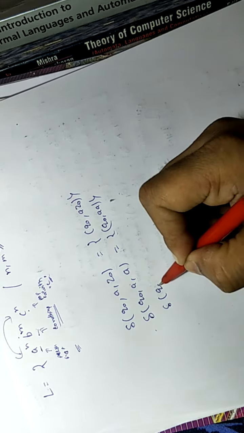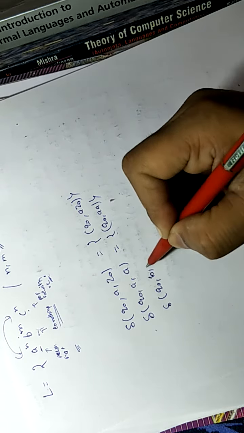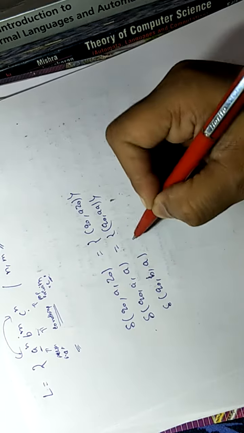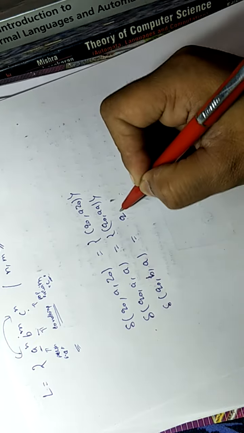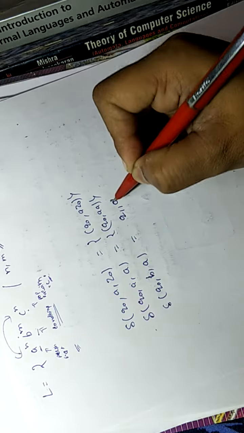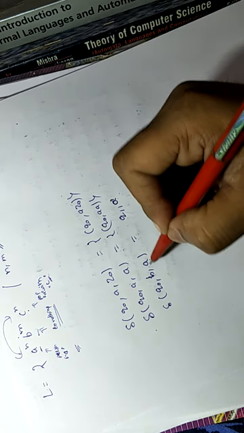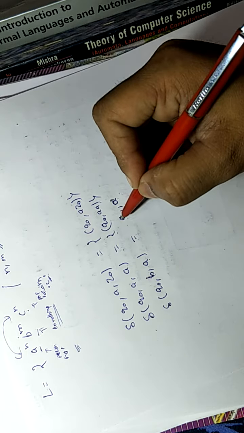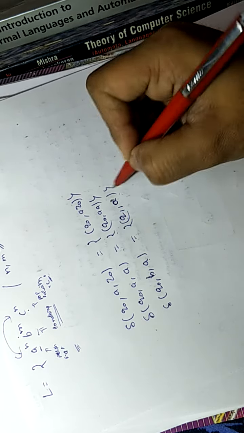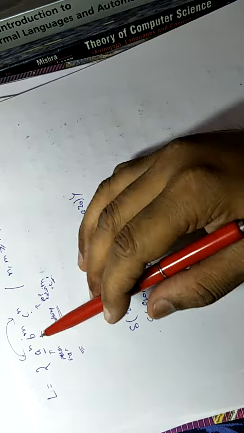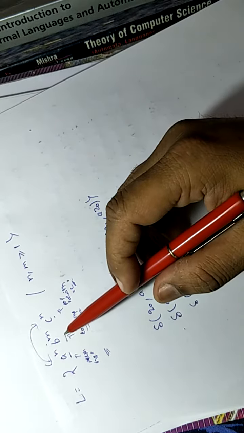Then you will get b and a at the top of the stack, and you need not do anything. If there was a, there is a only. We are not pushing b, we are not popping a. The only thing we are doing is changing the state to notify that we reached b.